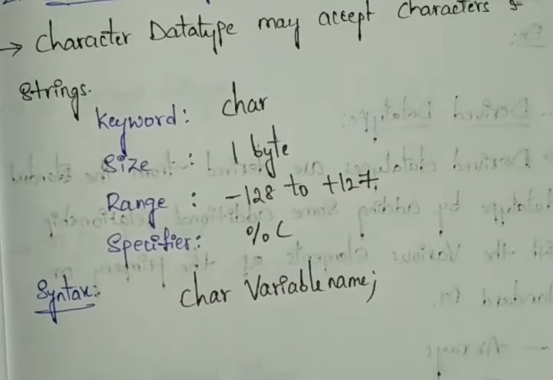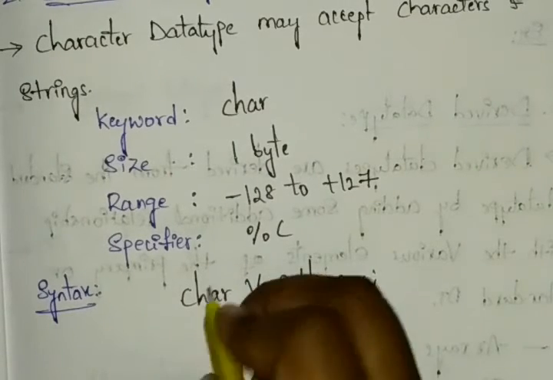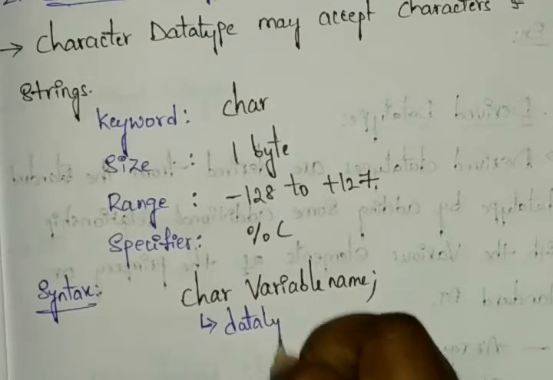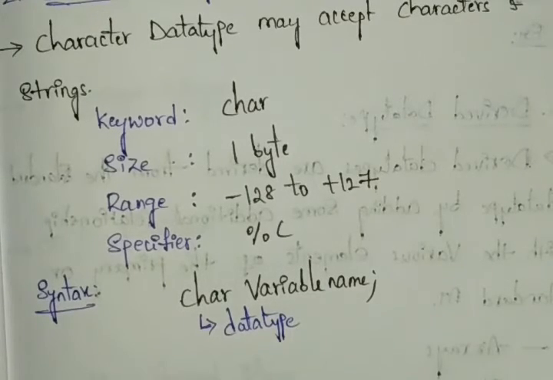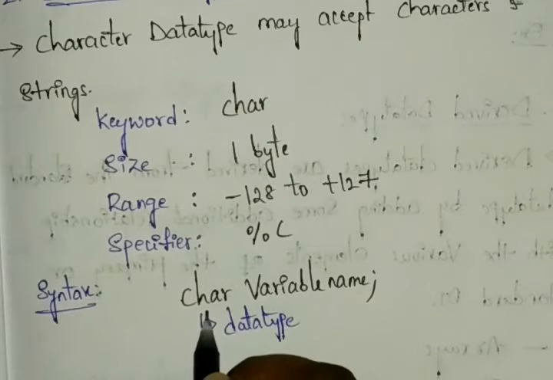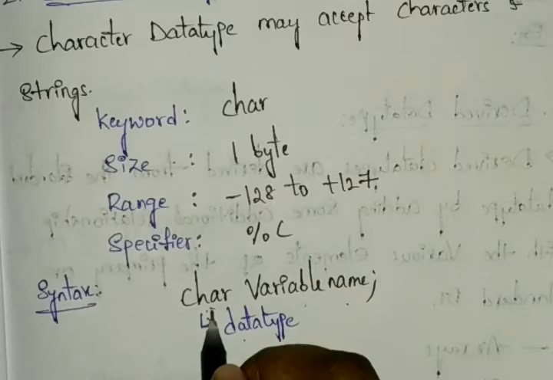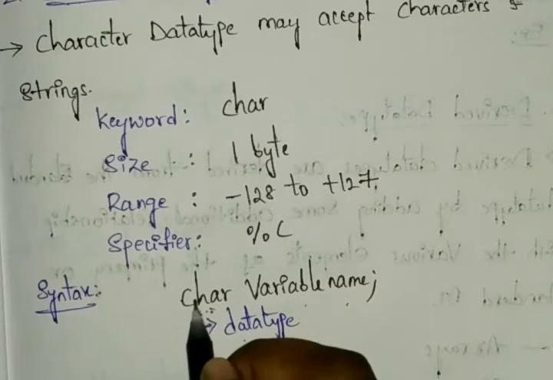Here char means the data type, a data type with a variable name. When defining this, first you write the data type char and then the variable name. We write char because it will just accept the keyword type only. Directly we cannot write the character.